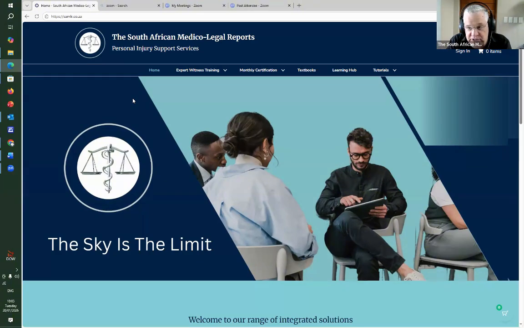The information that we put out, not the posts themselves, but the underlying material, is available on the South African Medico-Legal Reports website, and that is really your go-to point to get access to the information nicely organized and presented appropriately.